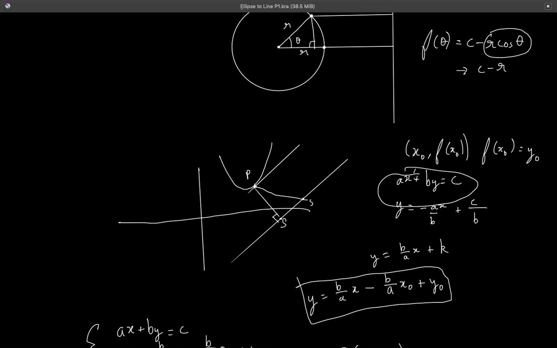Just to recap, the point that is closest to a given line on a certain differentiable curve is the point such that the derivative of the function at that point happens to be equal to the slope of the given line that you're minimizing the distance to.